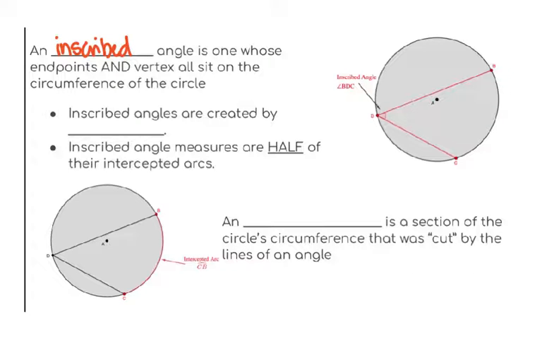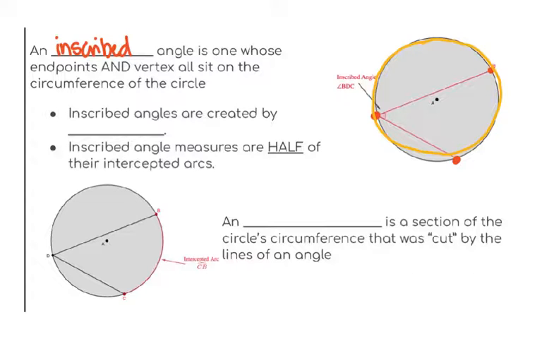So an inscribed angle is one whose endpoints and vertex all sit on the circumference of the circle, meaning the endpoints are here, and the vertex where they meet is right here, and all three of those points are on the circumference. Remember, we talked about the circumference of the circle is just the outside line of the circle. I know that was a terrible tracing.